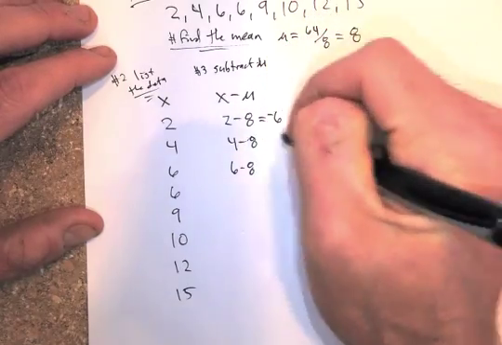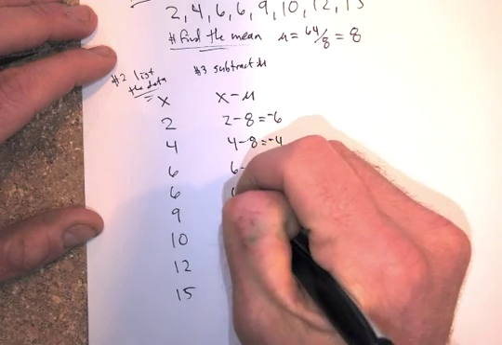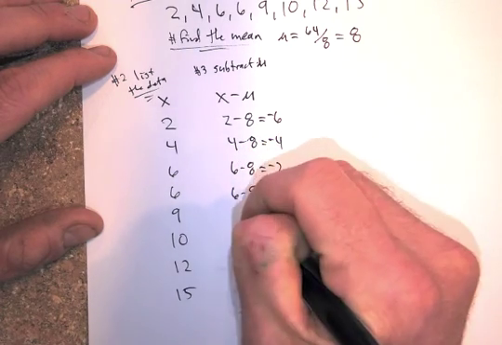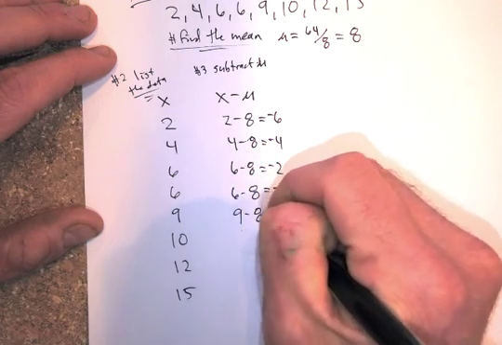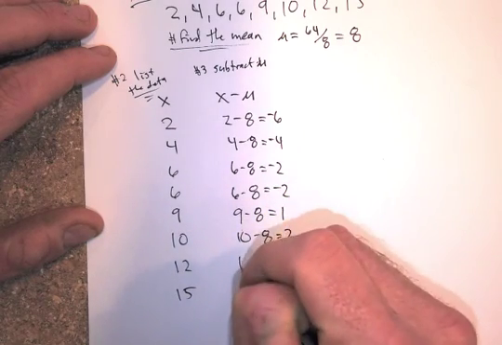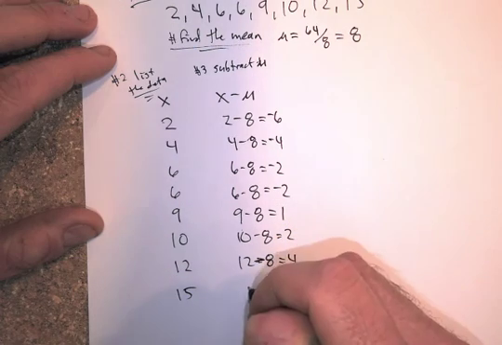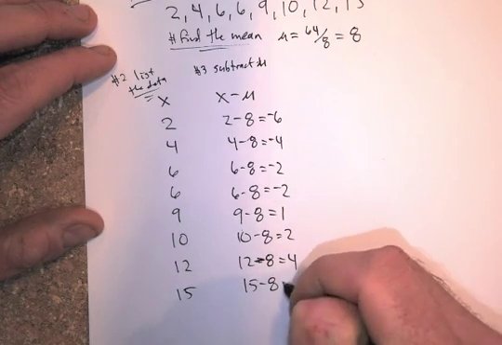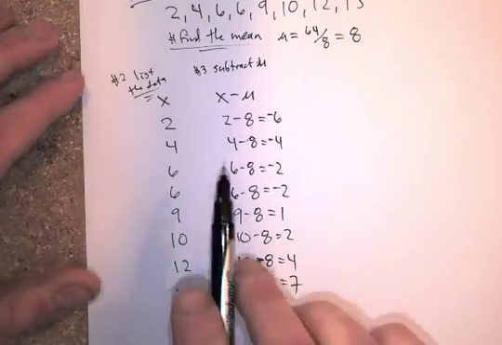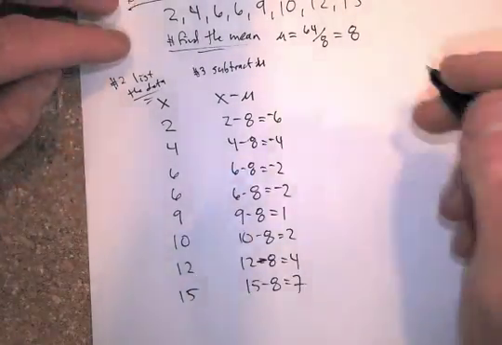So this is negative 6, negative 4, negative 2, negative 2. Now we're up to positive, right? 1, 10 minus 8 is 2, 12 minus 8 is 4, and 15 minus 8 is 7. I just took every single data point and minused off 8 because 8 was my mean.